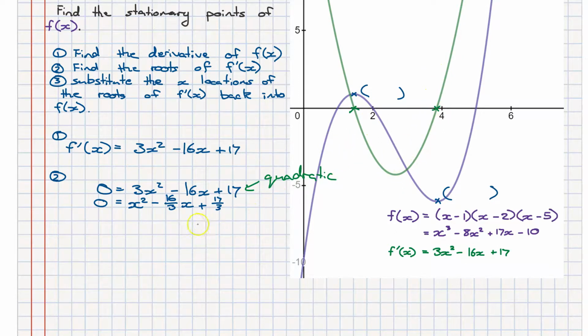But looking at the value of c, the constant in the equation, it's 17 over 3, which is already not a whole number. So we expect this quadratic is not going to be solvable simply by inspection, but rather the solutions to x are going to be real but irrational.